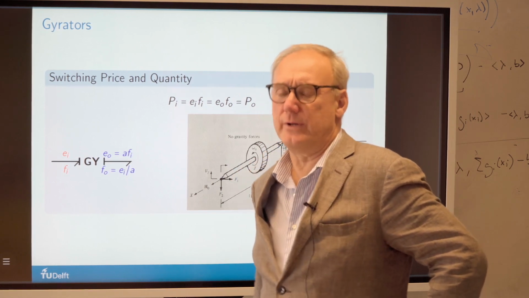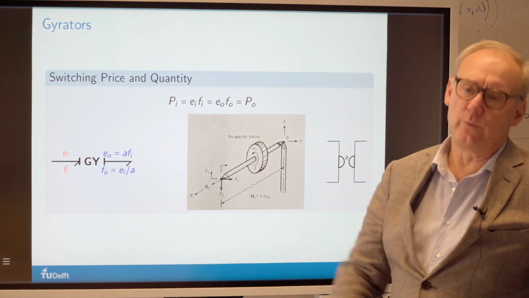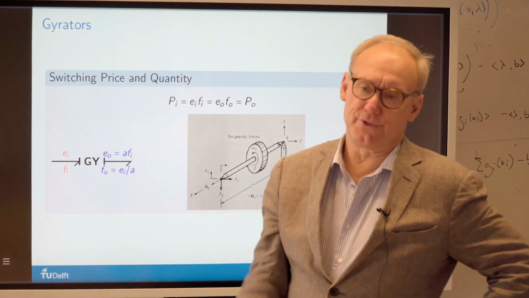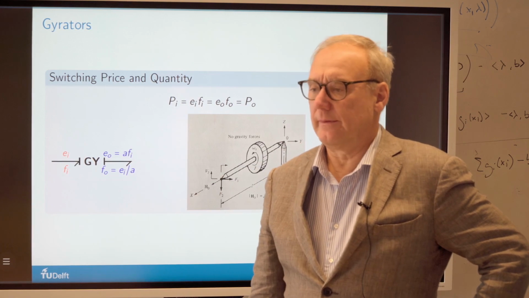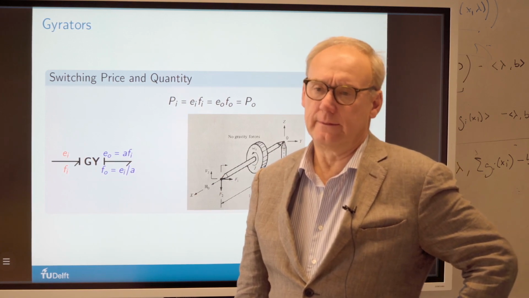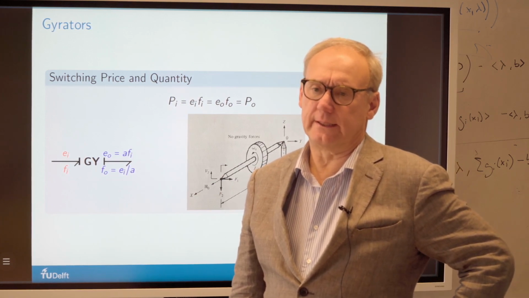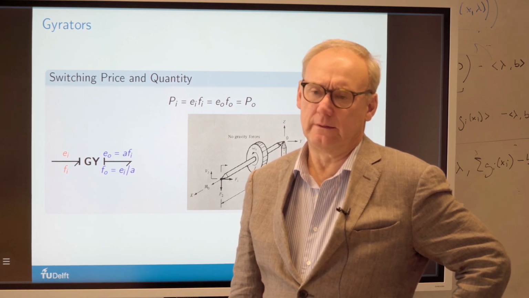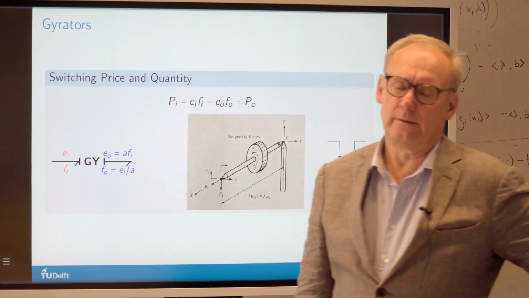So maybe also like bonds, where if the interest rate drops, then the value of the bond goes up. Yeah, that's a nice intuition. Or the link between GDP and interest rates, for example.